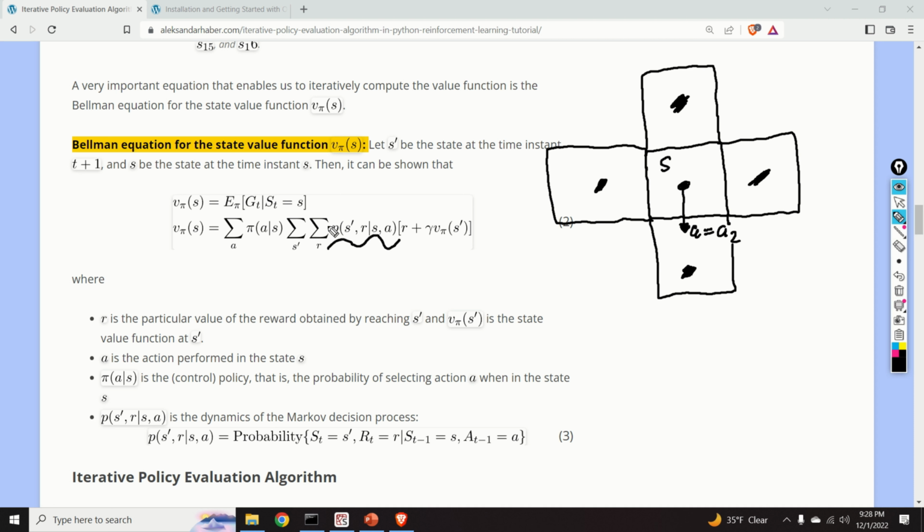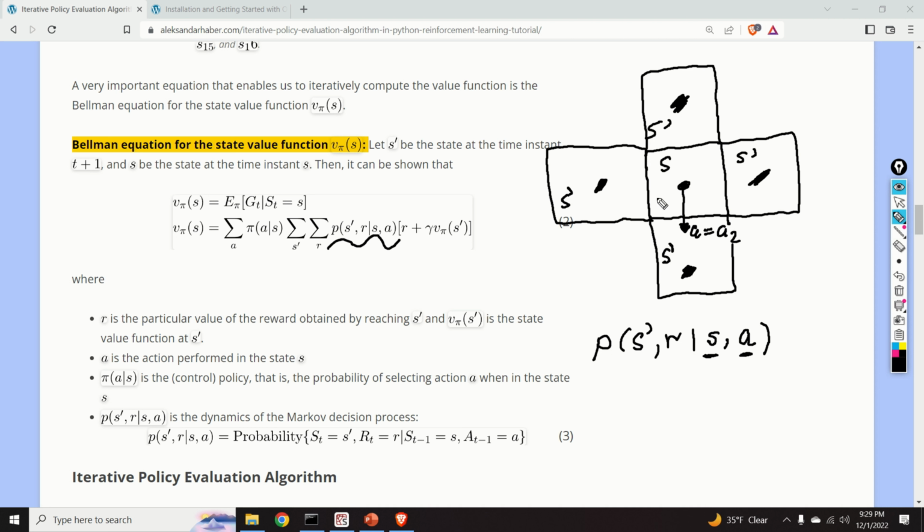Again, probability p, given that we are in the state S and that we selected the action A, is the probability of reaching the state S prime and obtaining the reward R in that state, given that we are in the state S and given that we have selected the action A. S prime is our final destination state. So this can be S prime, or this can be S prime, this can be S prime, and this can be S prime.